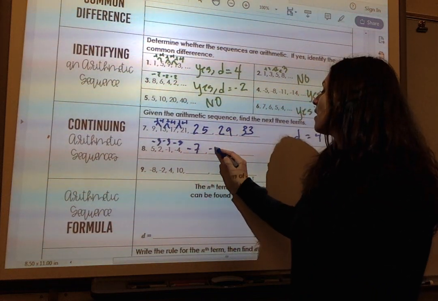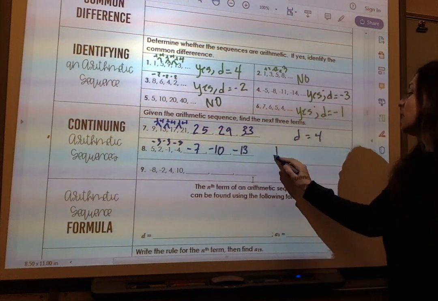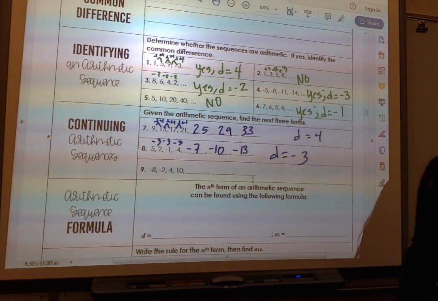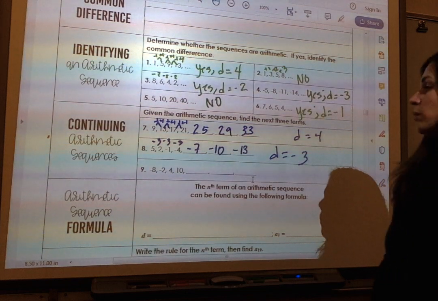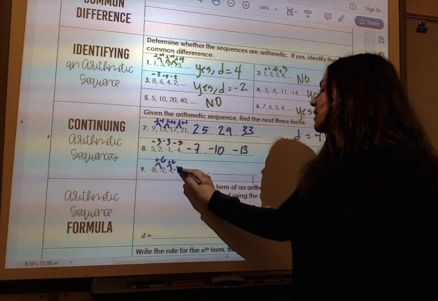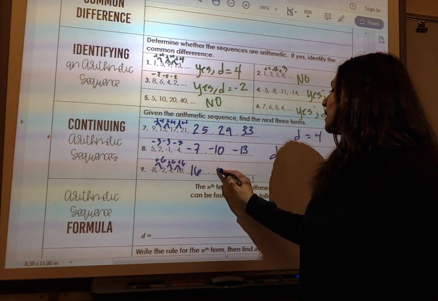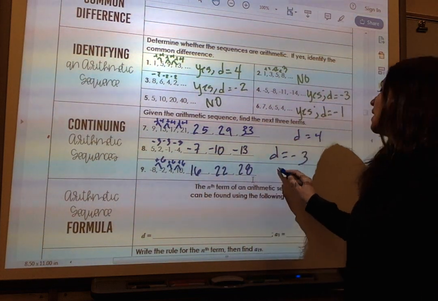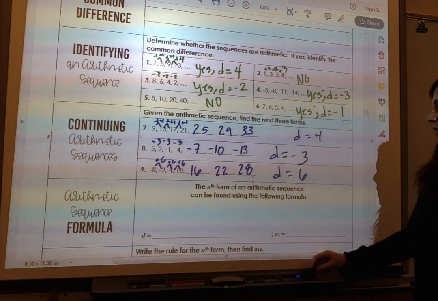So it's negative 7, negative 10, and negative 13, and my common difference is negative 3. On this one, I'm adding 6, I'm adding 6, I'm adding 6, so 16, 22, 28, and my common difference is positive 6.